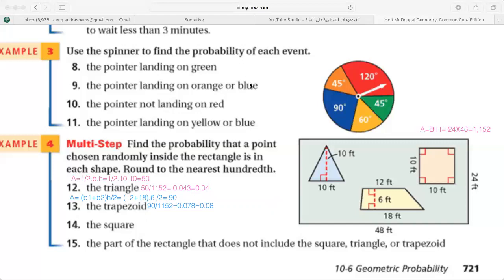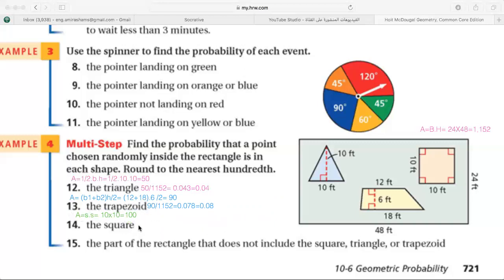Okay, next. The square. Area of the square is equal to side multiplied by side, or side squared, which is equal to 10 multiplied by 10, which is equal to 100.